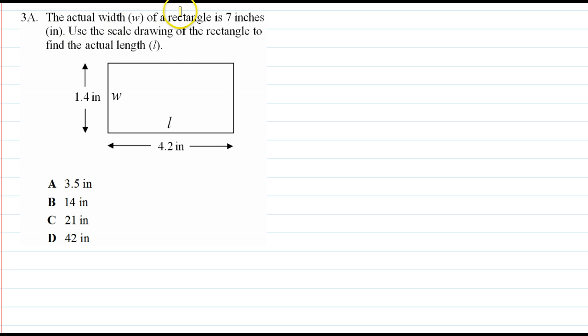3A, the actual width of a rectangle is 7 inches. So the actual width is 7 inches. Use the scale drawing of the rectangle to find the actual length. When you're given a problem like this, we're basically just going to write a ratio of the width to the length. In the problem, we're given that the width is 1.4 inches over 4.2 inches.